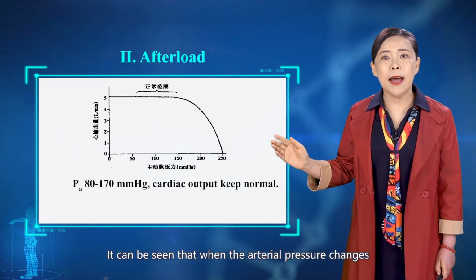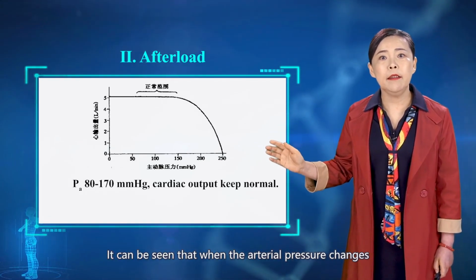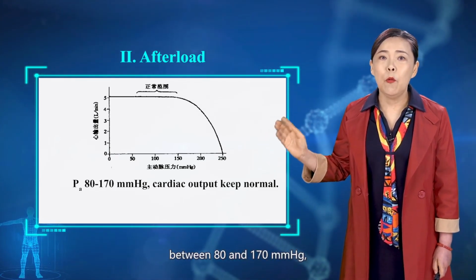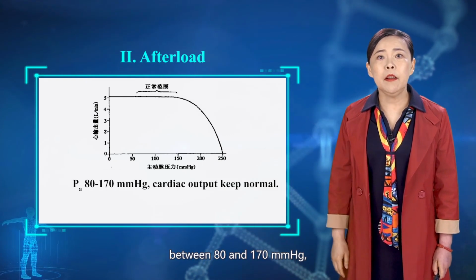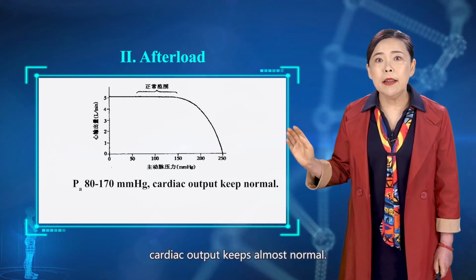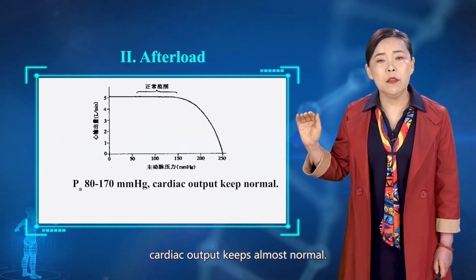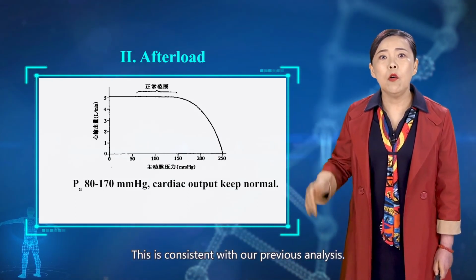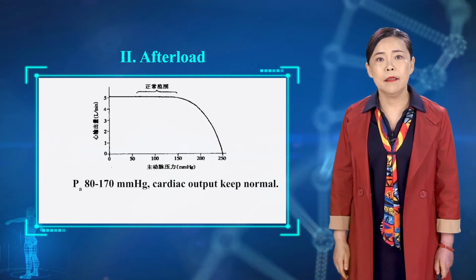It can be seen that when the arterial pressure changes between 80 and 170 millimeters of mercury, cardiac output keeps almost normal. This is consistent with our previous analysis.